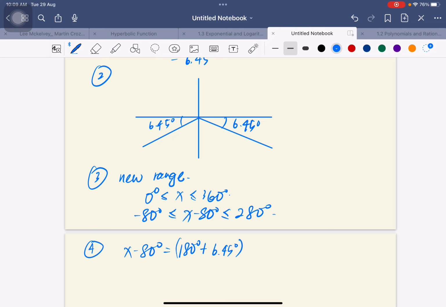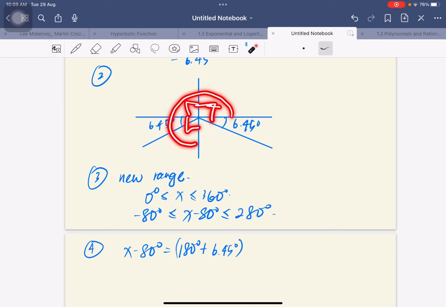Okay, but be careful with the domain, the range given by the question. This is 280. So if you were to go here, it already exceeded the range, because we know that this is already 90 plus 90 plus 90, which is 270.